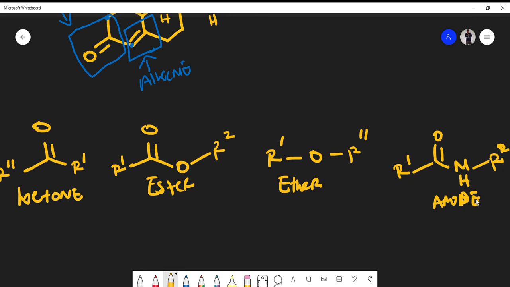So these are the three structures: the ketone, the ester, and the amide, some of the most common structures you guys will see involved with the carbonyl group that you have to differentiate. The last one that's also important is we have some sort of R group, and we have an OH close to it, and this would be your carboxylic acid.